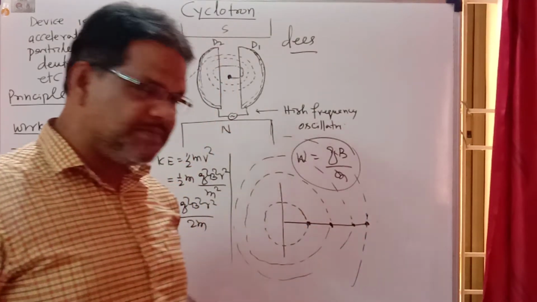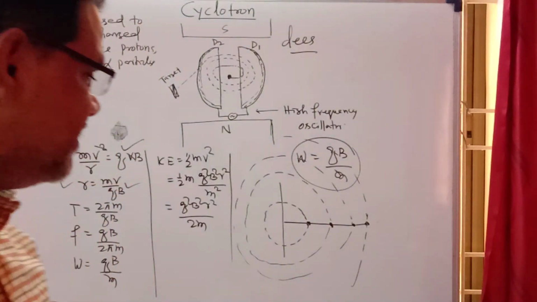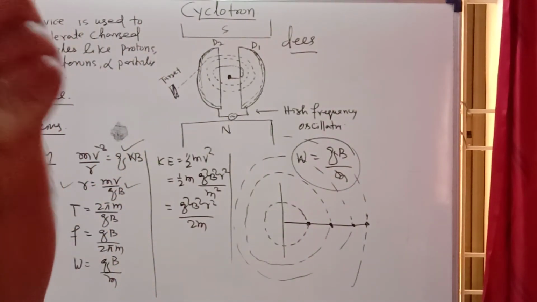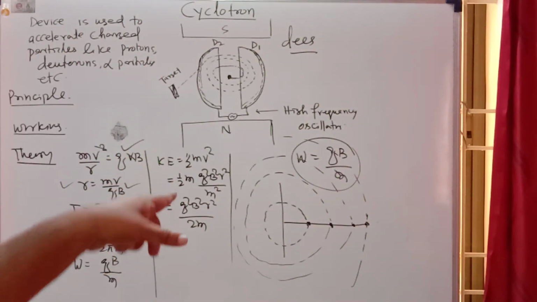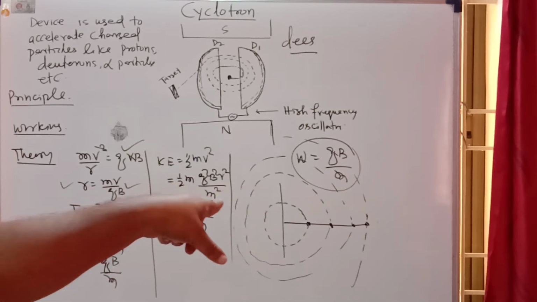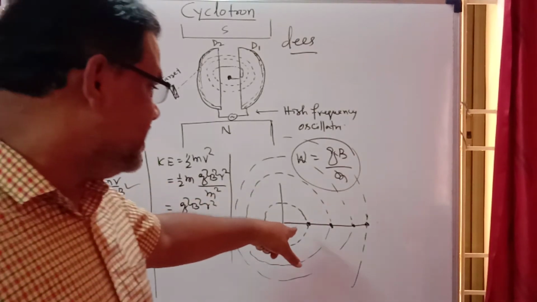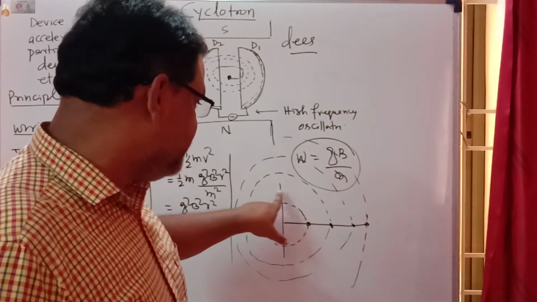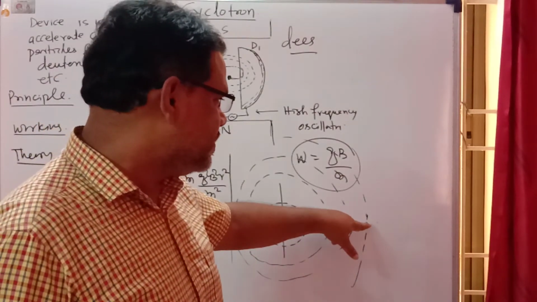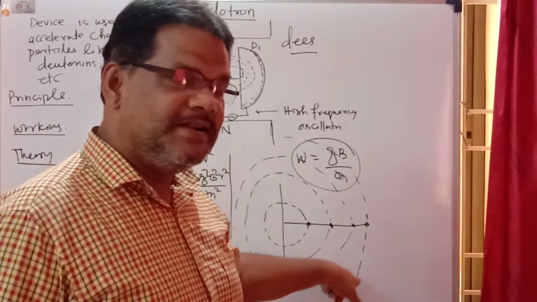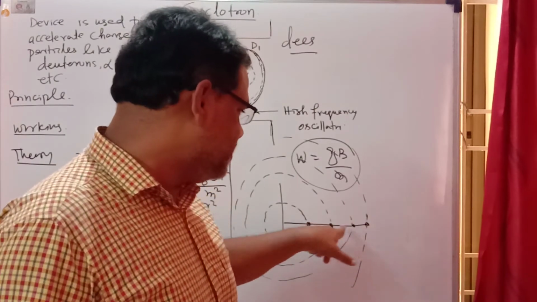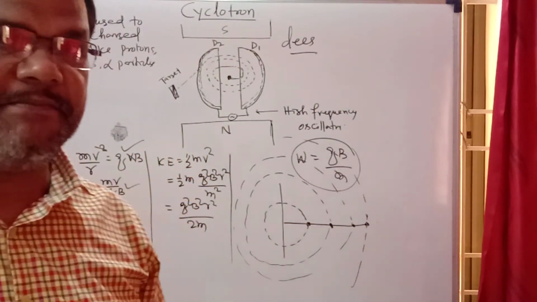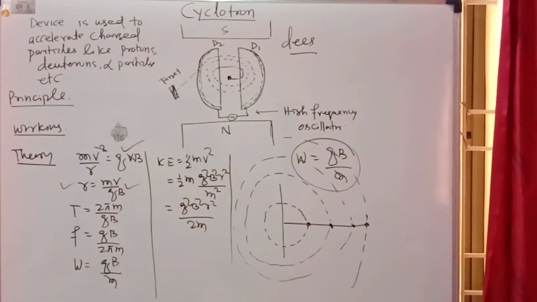But one thing is common for all the bodies. What is the common thing? The frequency, or the angular frequency, for all the objects will be the same, because each takes the same time to complete a rotation. So for all the bodies the frequency remains the same, but the speed and the radius will be different.